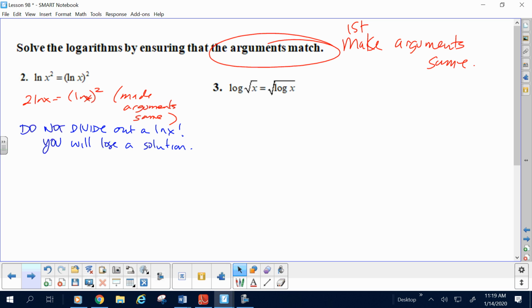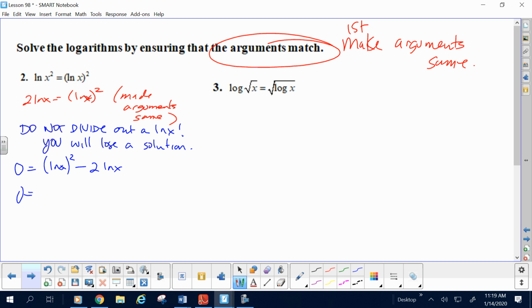So here, you're going to fight the temptation to divide out a log. Bad math. And instead, you're going to do like we did over here. What did we do over here the right way? Move everything over. So if I move everything over, then I would get natural log of x all squared minus 2 log of x. Then what?